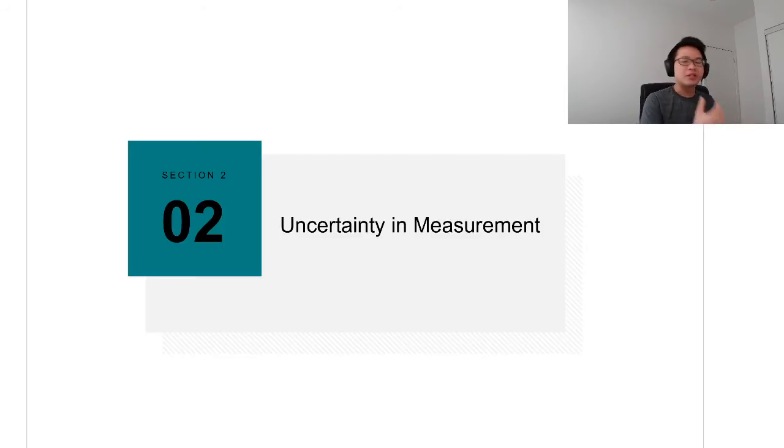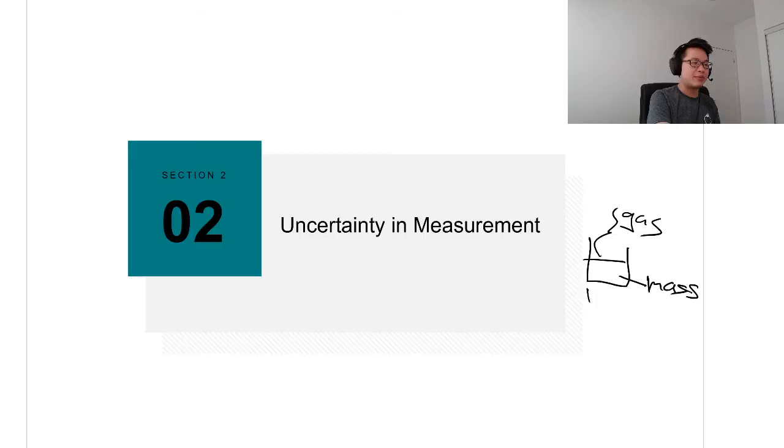When we're doing experiments, for example, a very simple experiment where you're going to measure the mass of a reaction substance, and then you give off a gas, and then you're going to measure the mass. Or at the same time, you can put it on the balance. It will give you a number, for example, 5.0 gram.